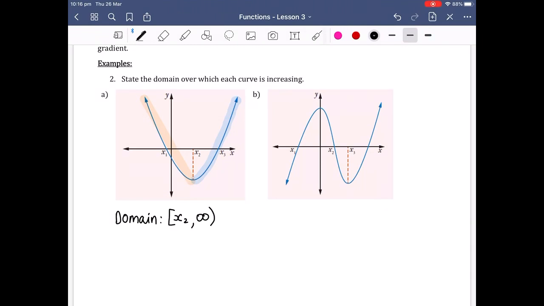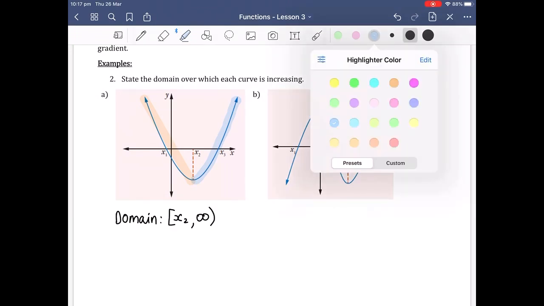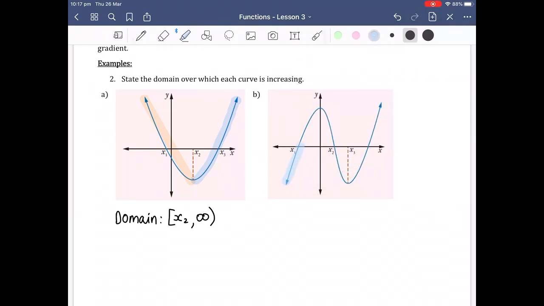Okay, looking at our next graph. For B, we want to identify where our curve is increasing. The curve is increasing on the left of the y-axis when x equals 0. So we are increasing, increasing, increasing.